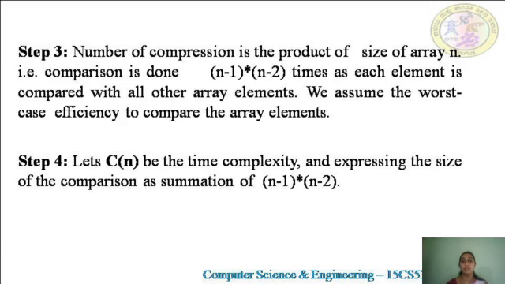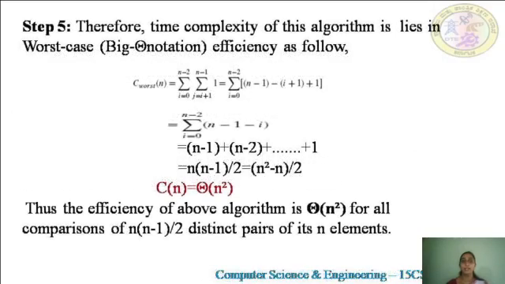Therefore, the number of times the comparison is executed is given by n minus 1 into n minus 2. So this can be the worst case of the algorithm. Then in step 4, we represent C of n as the sum of comparisons. Finally, this can be represented using theta notation.